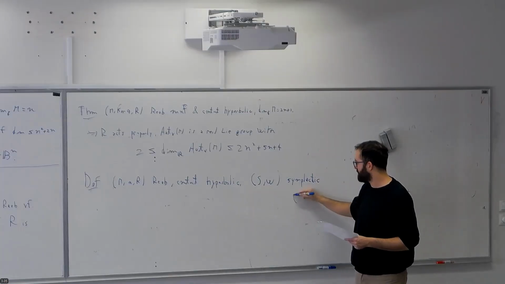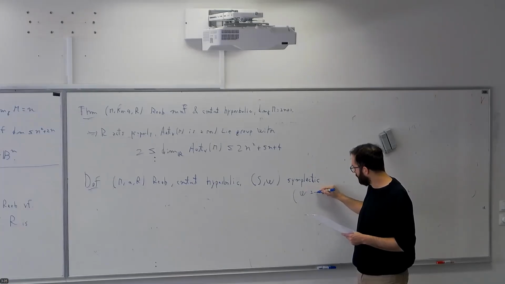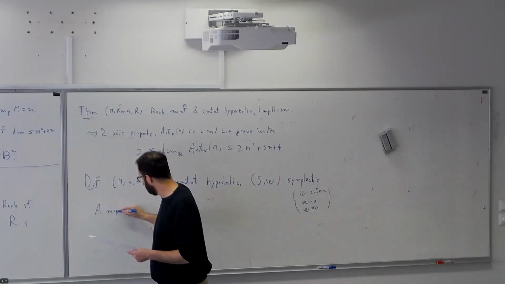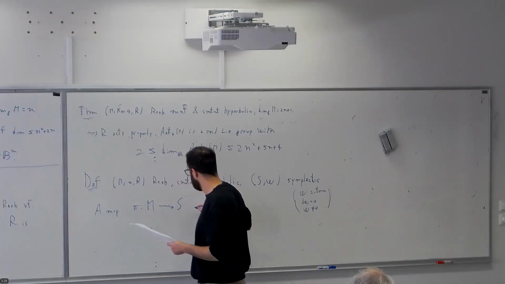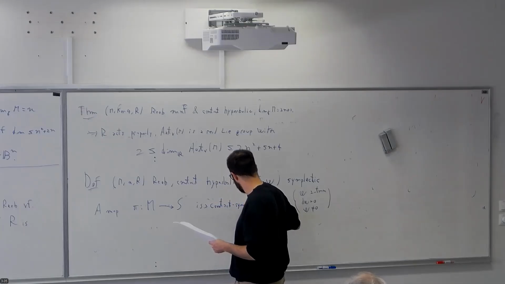So symplectic just means that omega is a 2-form, d omega is 0, and omega is nowhere degenerate. It's a very well studied thing. And you hope that there is a map phi from M to S, and you call it a contact symplectic lift.